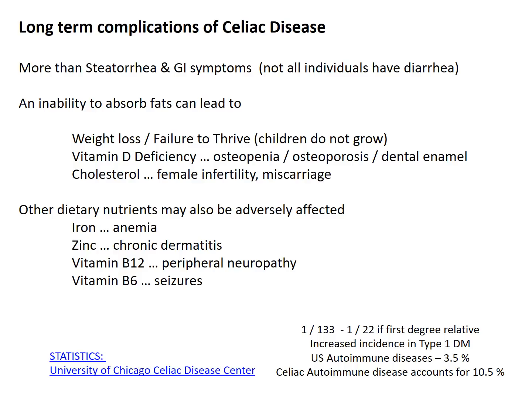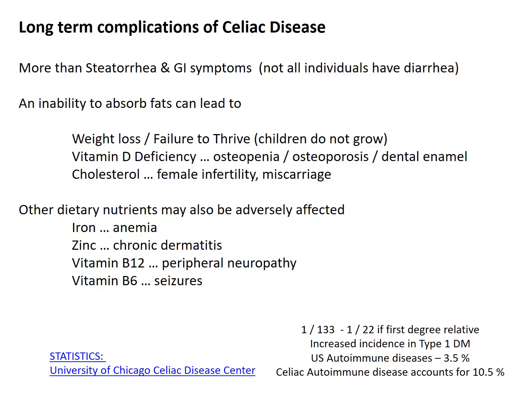Loss of cholesterol can lead to female infertility and miscarriage. Remember, you need cholesterol to build the sex steroids, particularly estrogen and progesterone. So if they are deficient in those two steroid hormones, inability to conceive and carry a pregnancy can occur.